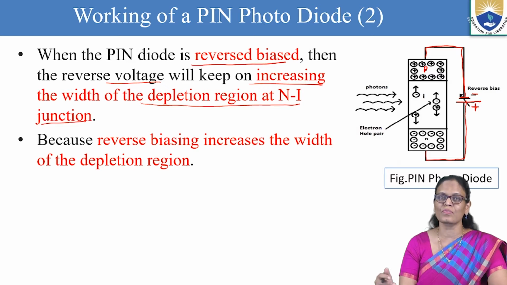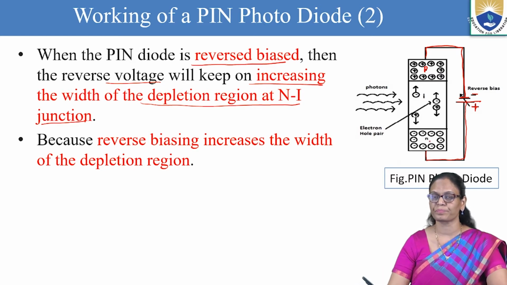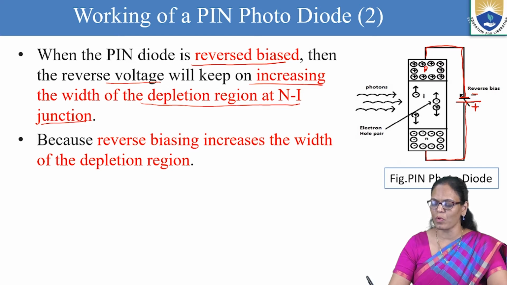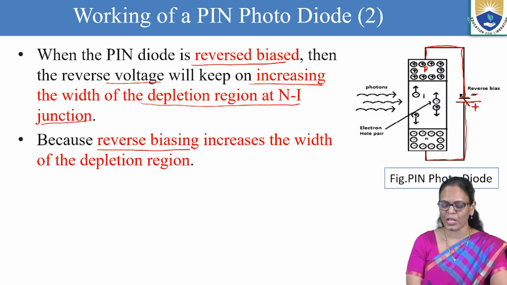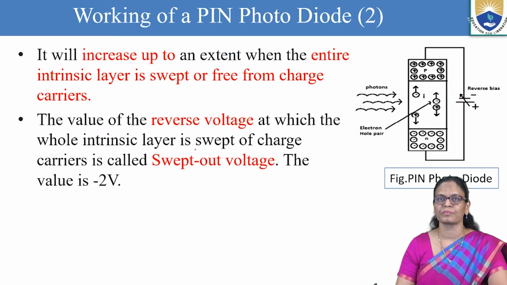Because we have connected in reverse bias, more and more electrons are pulled towards the positive side and more holes are pulled onto the negative side, so the width of the depletion layer increases. This is because of reverse biasing.